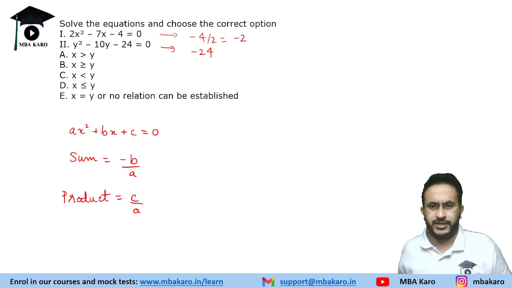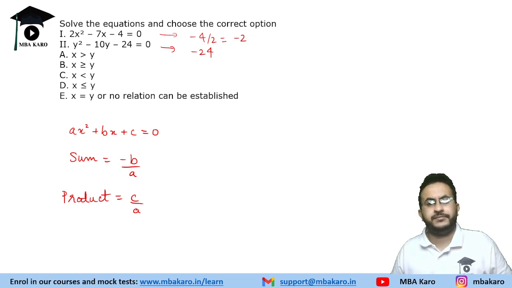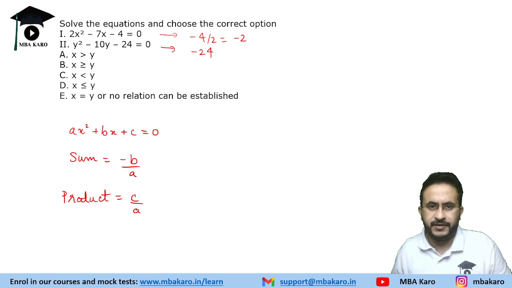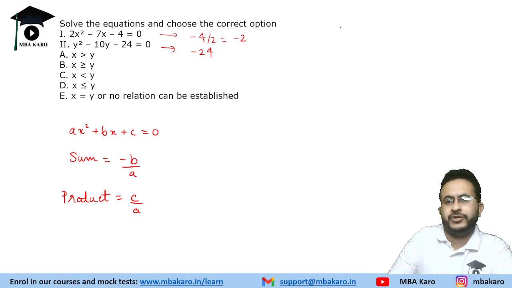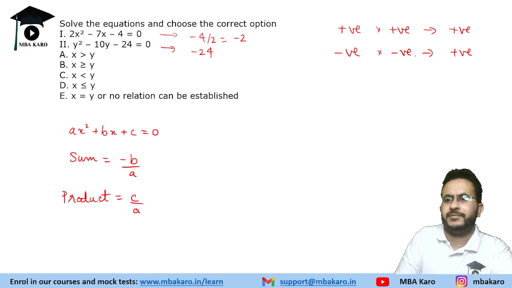Roots means the solutions. Now if I ask you, when you multiply two numbers, how do we get the answer as a negative number? If you multiply a positive number by a positive number, the product is positive. If you multiply a negative number by a negative number, the result is a positive number, right?